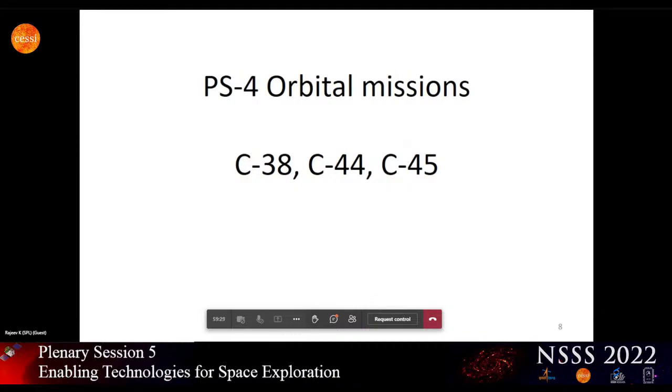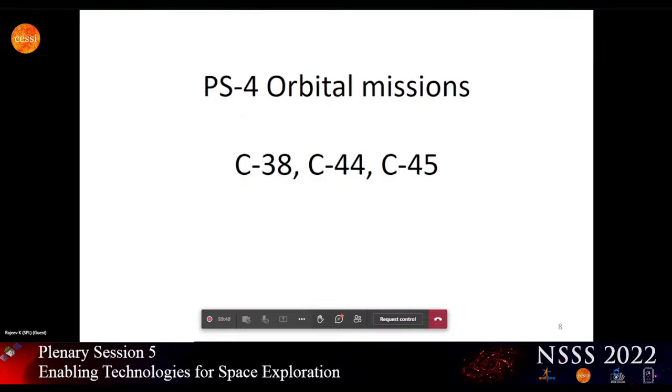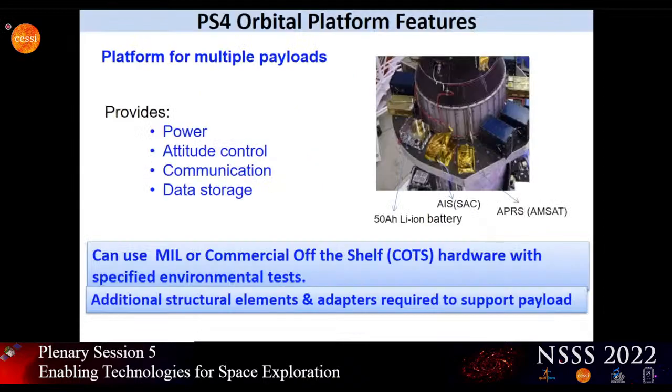It is available for you to refer to. And C44, again, there were no scientific payloads per se, but there were certain other technology payloads and maneuvering and all those things. And C45 had the scientific payload: the IAST's RPA, the retarding potential analyzer, as well as some other payloads, one from SAC and another from the ham radio. We'll come to that in a short time.